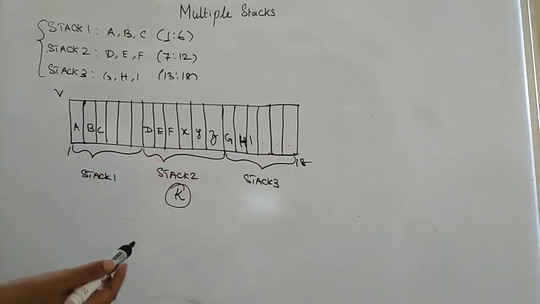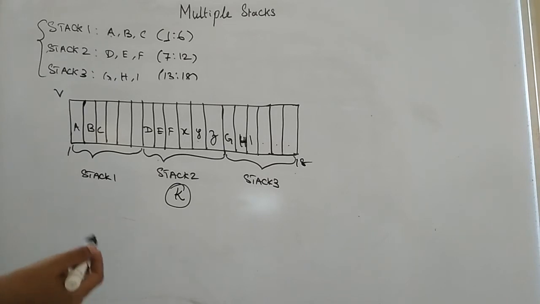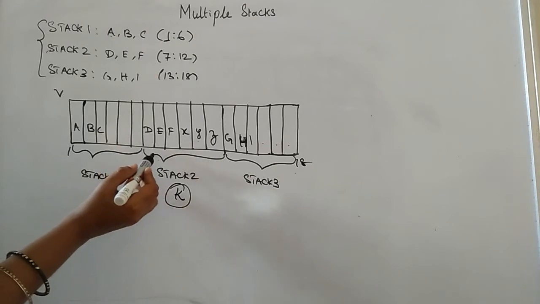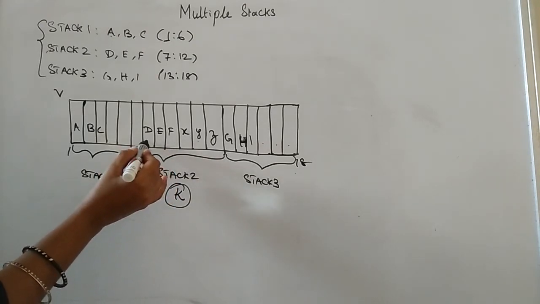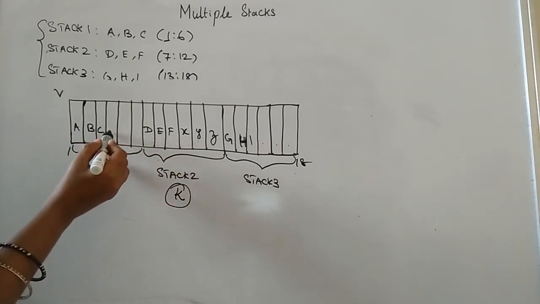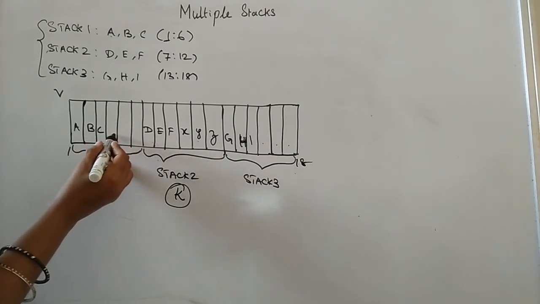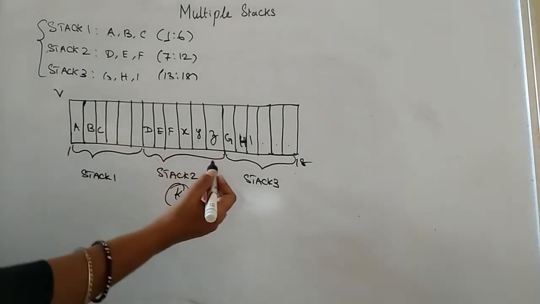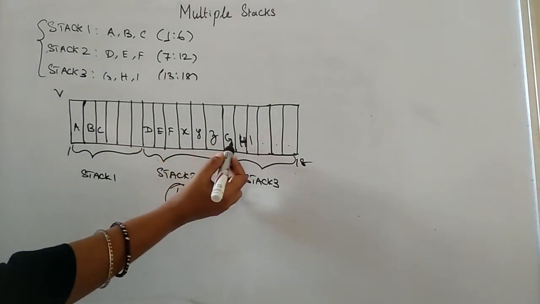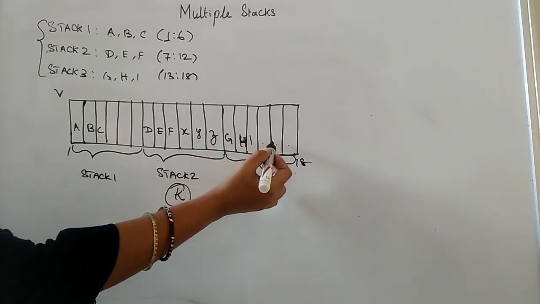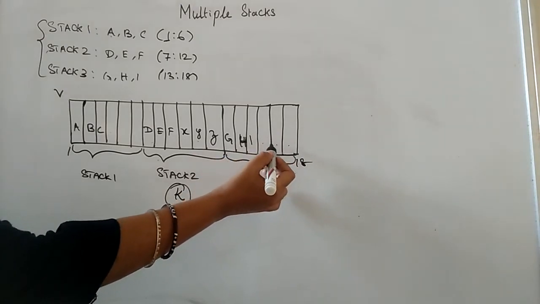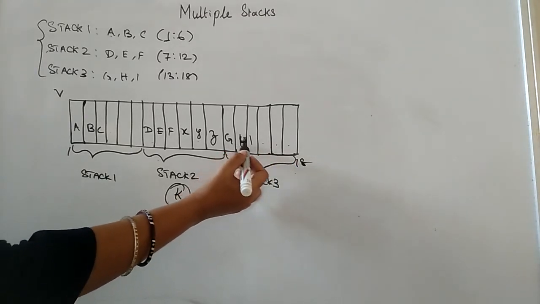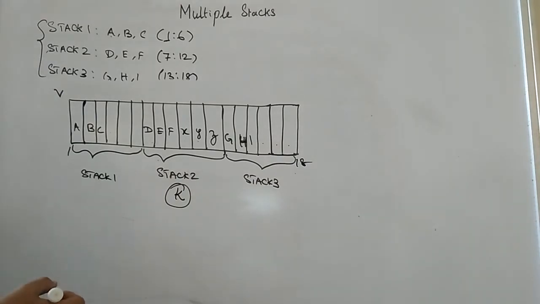So what should I do? In order to overcome this problem, either I should shift these elements towards the left, since I am having spaces on the left-hand side, or else I can shift these elements towards the right, as the free spaces are also available there.